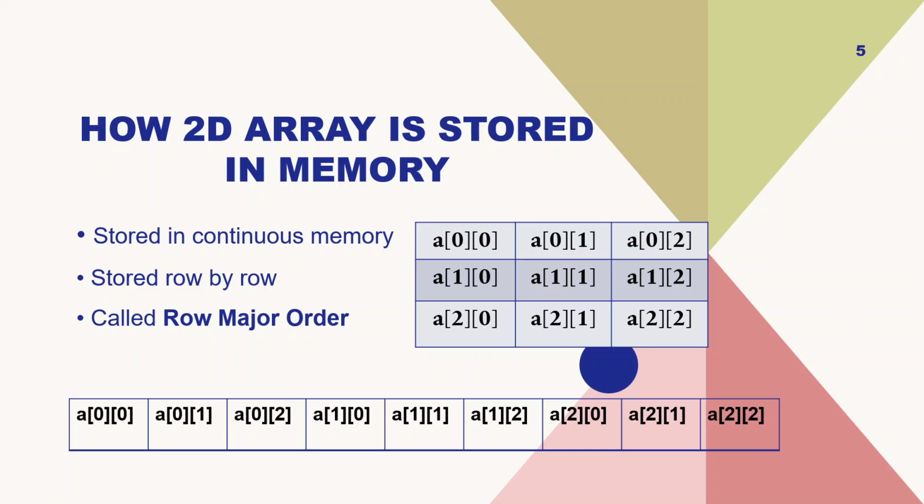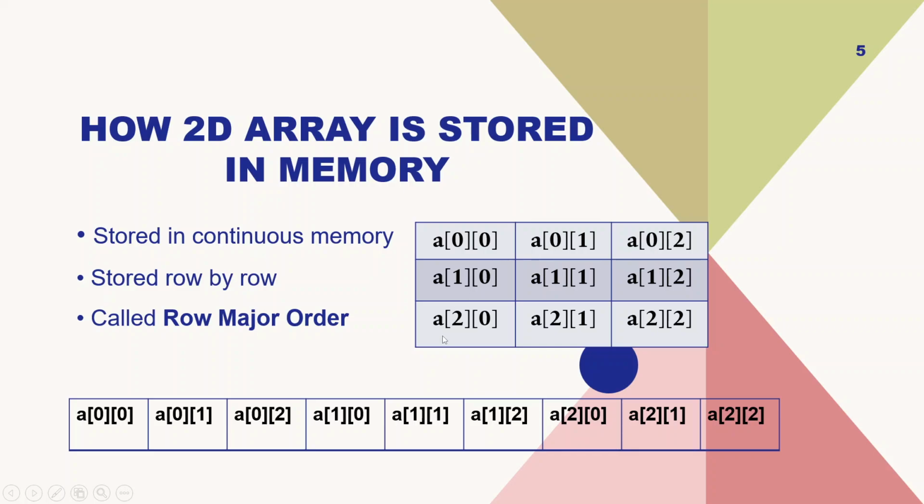Look at the table. First, all the elements of row 0 will be stored: A[0][0], A[0][1], A[0][2]. After that, all elements of row 1 will be stored: A[1][0], A[1][1], A[1][2].